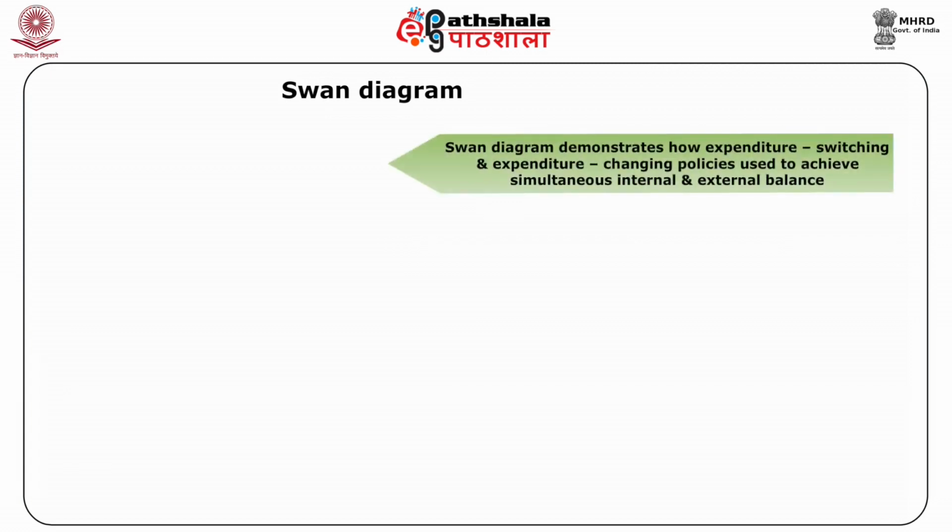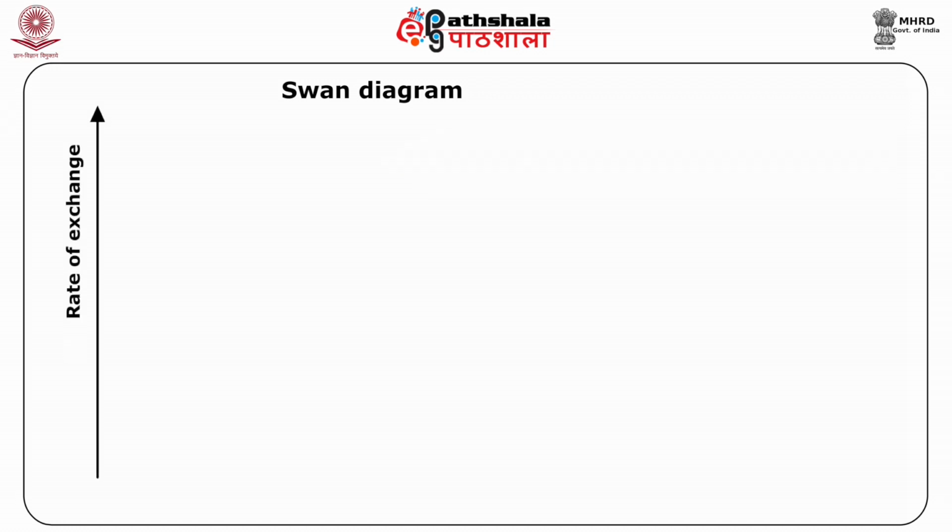The Swan diagram demonstrates how expenditure switching and expenditure changing policies can be used to achieve simultaneous internal and external balance. On the vertical axis, the exchange rate R is represented.